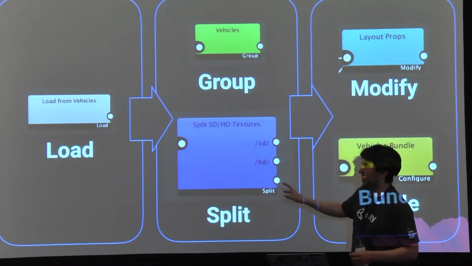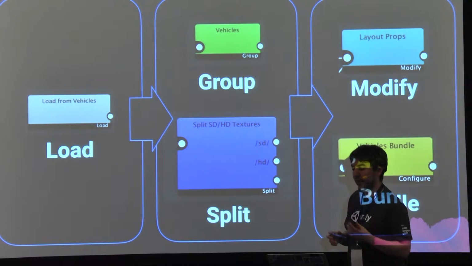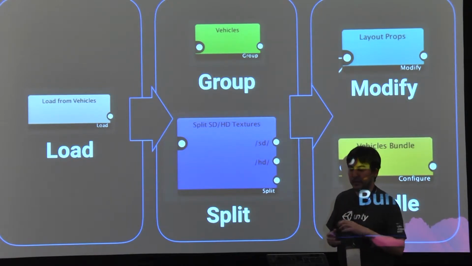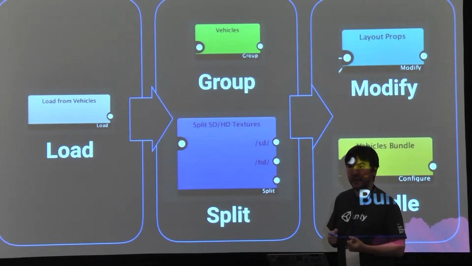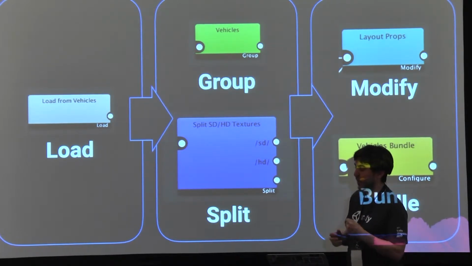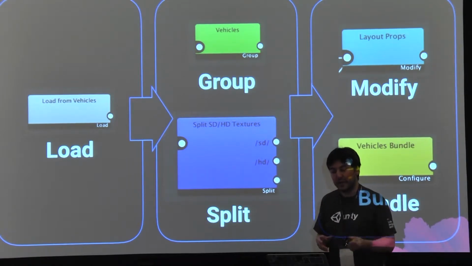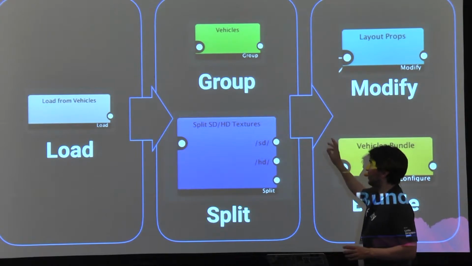For loading, there is a node called the loader, and you use the loader to load the asset. Loading doesn't really load the asset into memory, but it finds the asset inside your project and grabs all the necessary information to pass into the other nodes, such as what type of asset that file is, where it is, and that kind of thing.